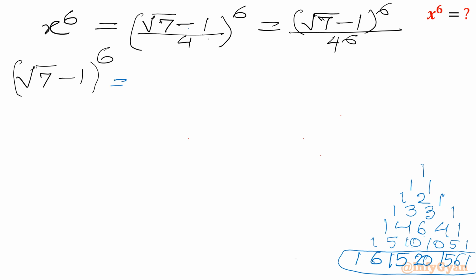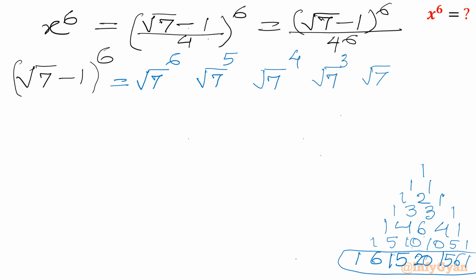So let me write first root 7 power 6, root 7 power 5, root 7 power 4, root 7 power 3, root 7 power 2, root 7 power 1, and root 7 power 0.